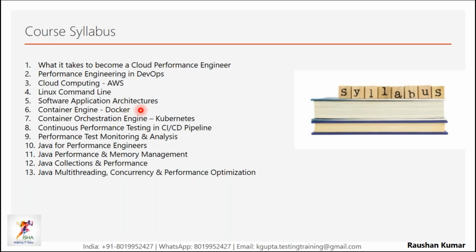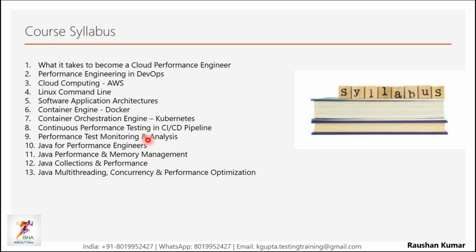We'll talk about Kubernetes, how we manage things and how auto scaling is done. We'll talk about continuous performance testing in the CI/CD pipeline, and how you will automate things there. Then we'll talk about performance test monitoring and what options we have when it comes to monitoring.